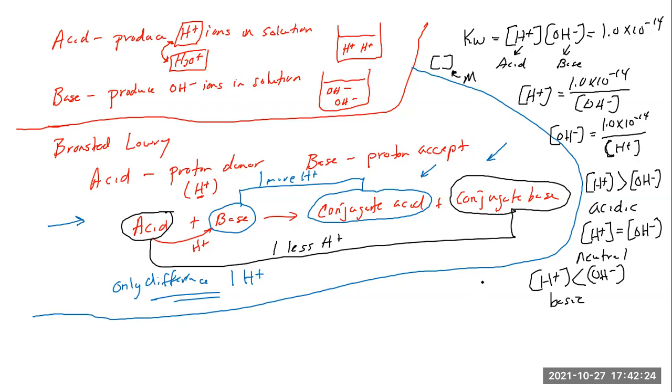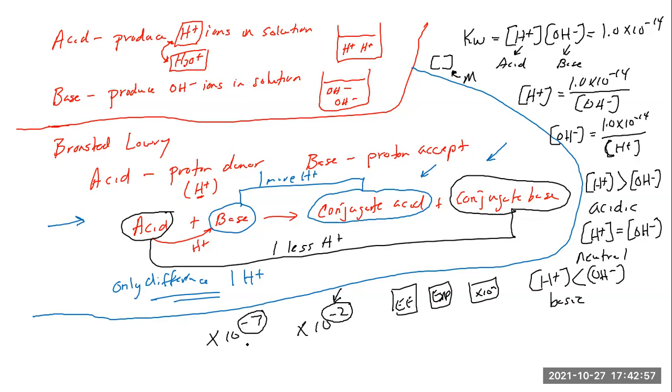Remember a couple of things important here. Definitely use your exponent button, really important, when you are punching these numbers in. Also really important to remember when you go to compare the H plus to the OH minus, and you have a number like 10 to the minus 7 or a number like 10 to the minus 2, it is actually the smaller negative exponent that is the larger number.